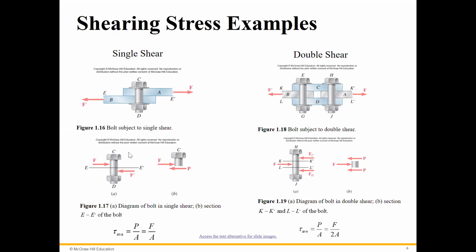So if you make a section here and look at the internal force, P is just equal to F. But here, if we draw the free body diagram at these two sections, we have this F, and these are the internal forces, and the internal force is half of the F, right?